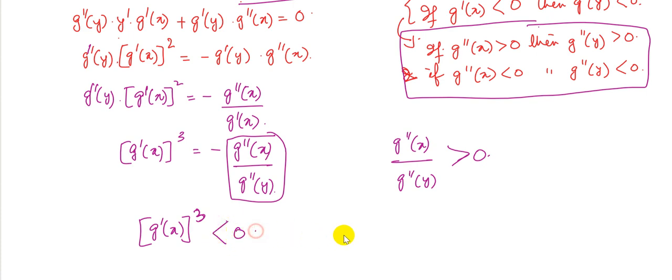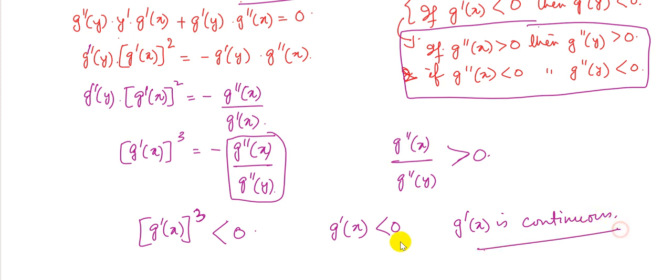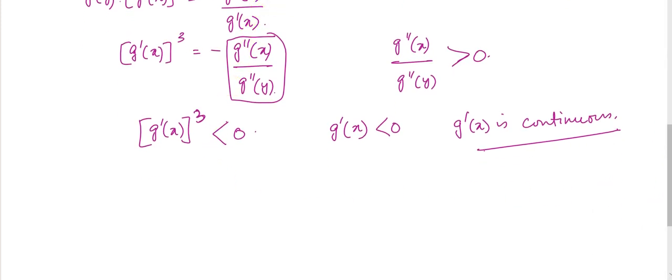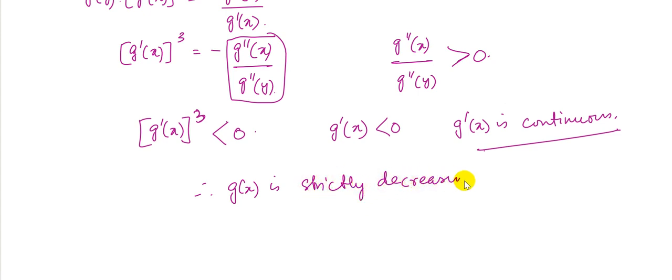That means this is less than 0. So which means g dash x is less than 0, because it is given that g dash x is continuous. So therefore g dash x has to be less than 0. Therefore g of x is strictly decreasing in x greater than 0.